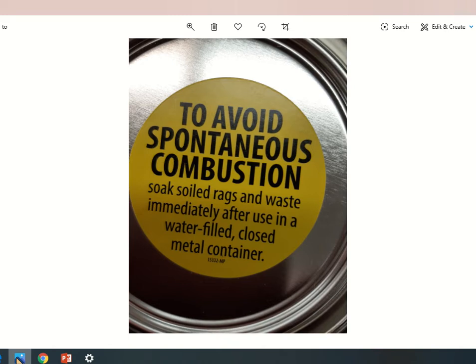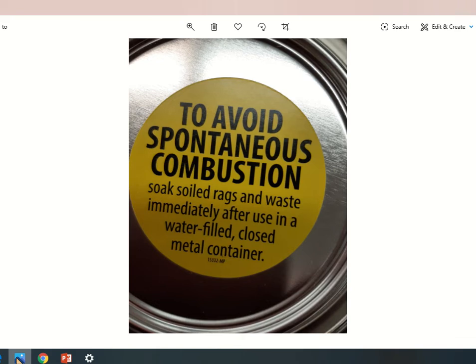And notice it says to avoid spontaneous combustion, soak soiled rags and waste immediately after use in a water-filled closed metal container. So you're wiping, it's a wiping stain, and this stain is flammable and could cause spontaneous combustion under the right temperature and conditions.